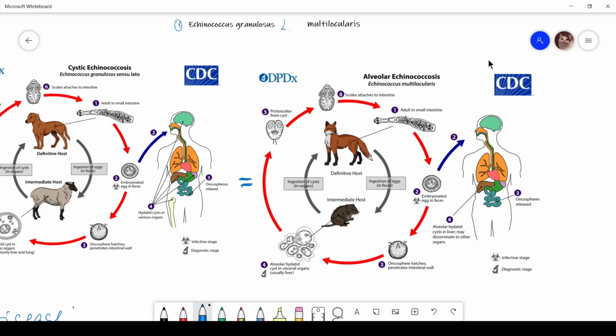For example, to the liver, to the lungs, to the bones, to the muscles, doesn't matter.